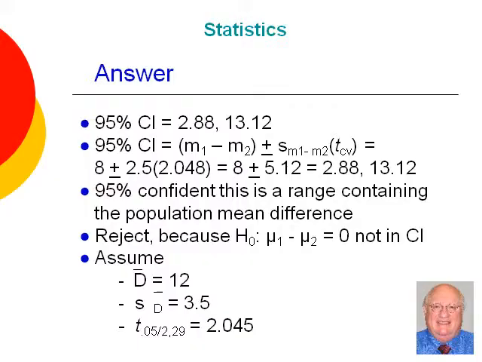Because n equaled 30, degrees of freedom equaled 29, and the critical value was 2.045. Thus, before going to the next slide, compute the 95% confidence interval for these data, and determine if the null should be retained or rejected based upon the information in the confidence interval.